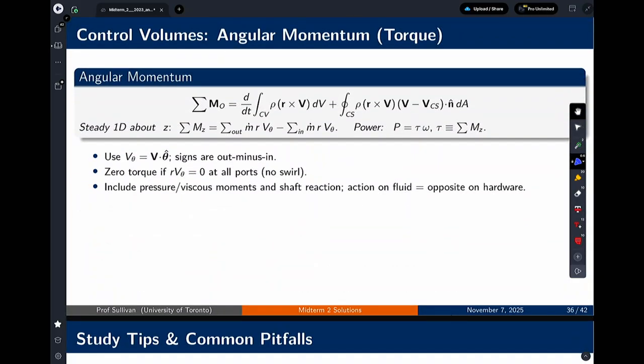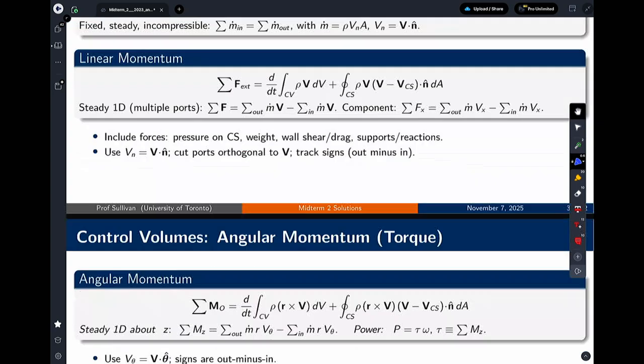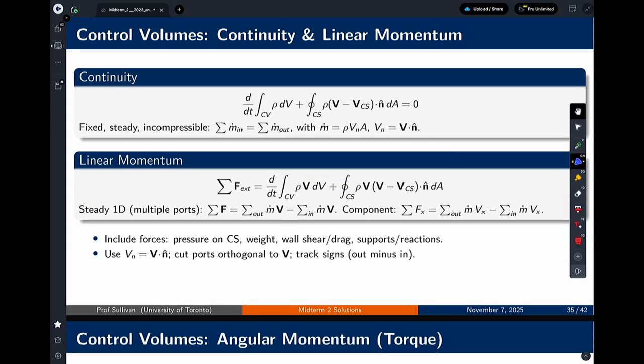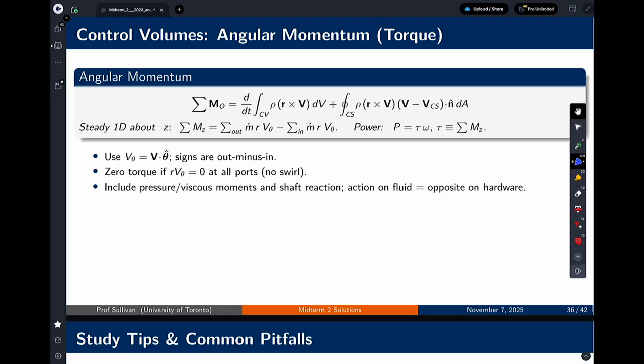Both of those are integral forms, but generally you're not dealing with the integral forms, you've got the steady state flows. And the steady state flows are the equations just below: m dot out minus m dot in, all of that together to get the terms. Same thing with angular momentum.